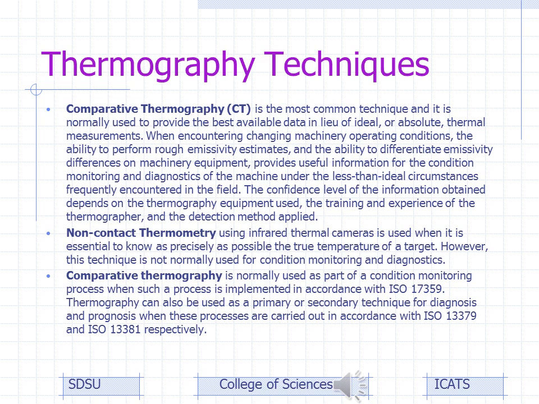Lastly, comparative thermography is normally used as part of a condition monitoring process when such a process is implemented in accordance with ISO 18359. Thermography can also be used, which is of course another ISO standard, as a primary or secondary technique for diagnosis and prognosis when these processes are carried out in accordance with ISO 13379 and ISO 13381 respectively.